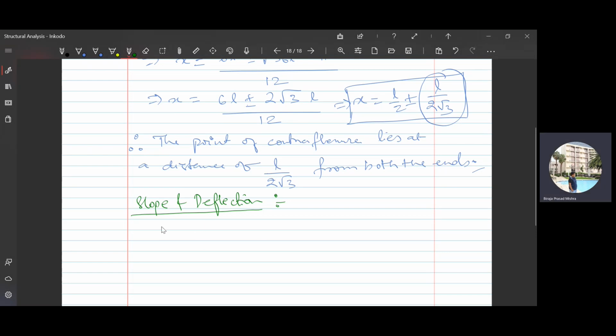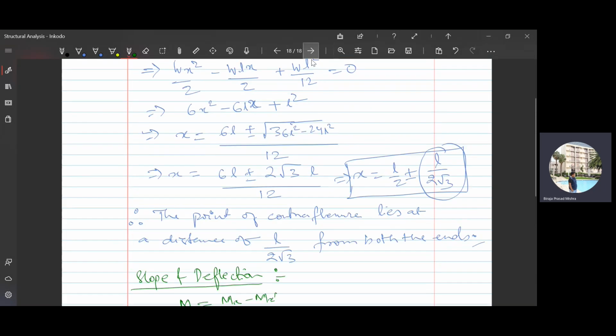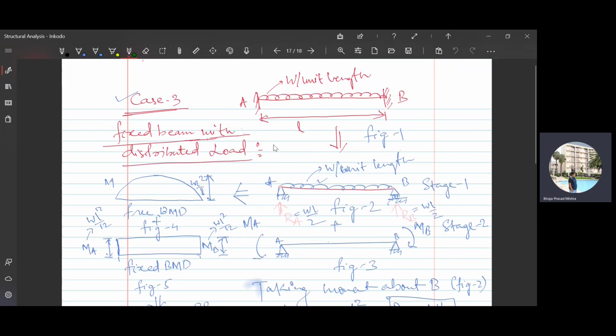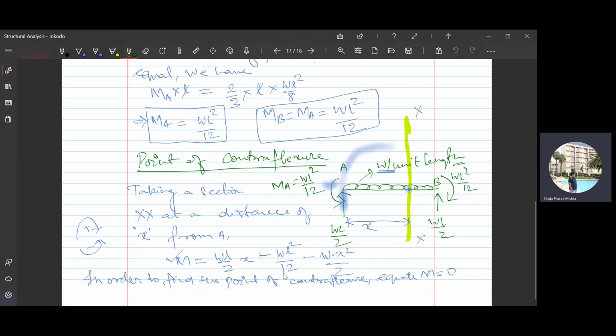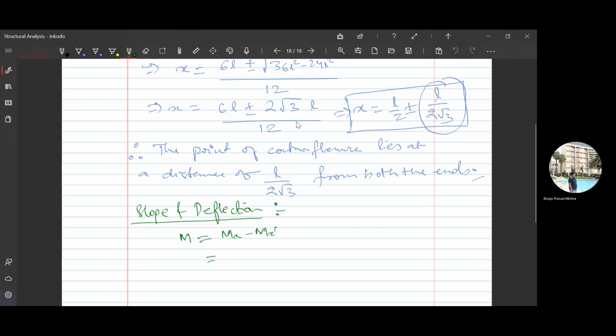We already know that M equals the same equation: WLX by 2 minus WX square by 2, then minus WL square by 12.